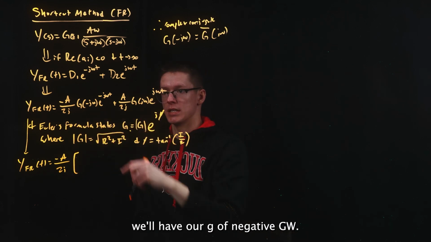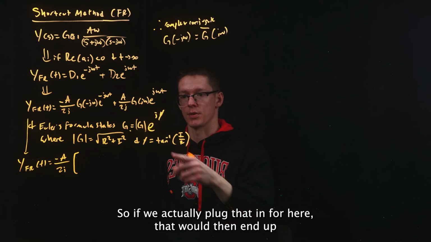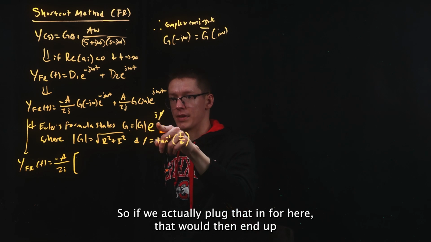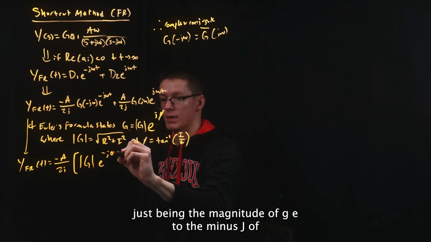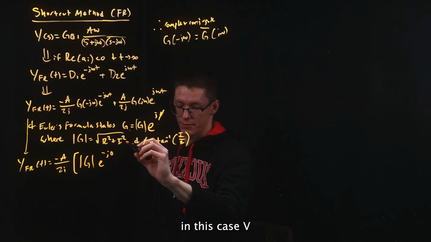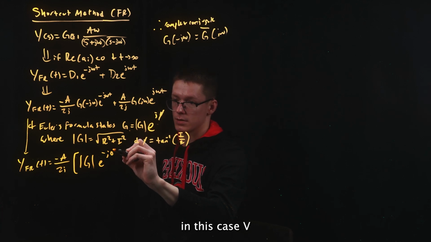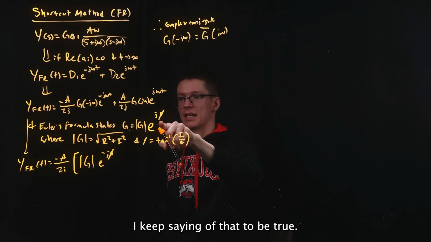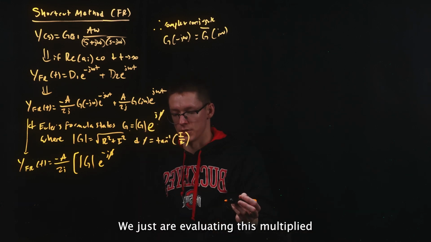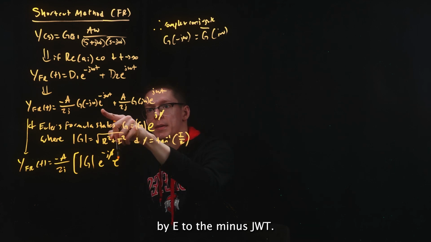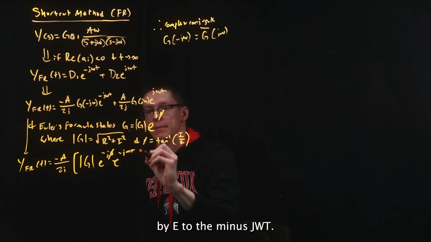We'll have our g of negative jw. If we plug that in, that would end up being the magnitude of g times e to the minus j phi. That is definitely true for phi. We are just evaluating this, multiplied by e to the minus jwt.